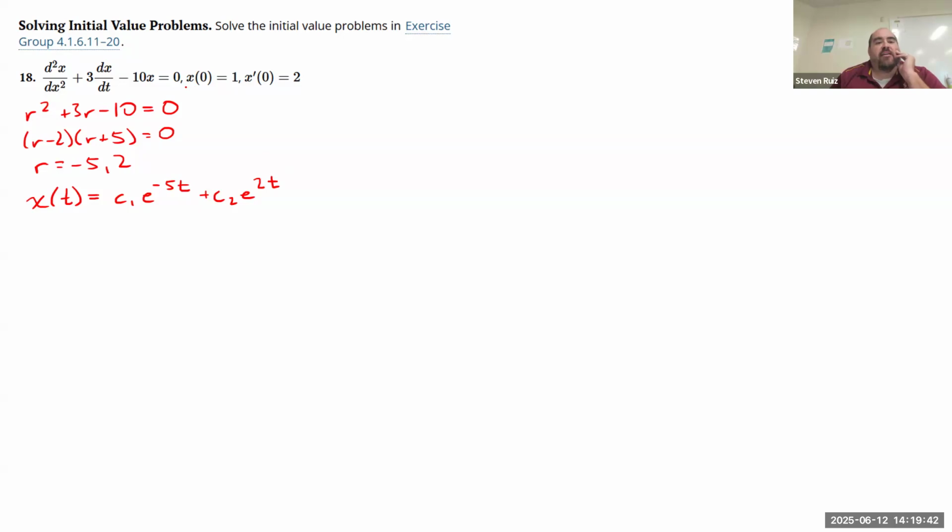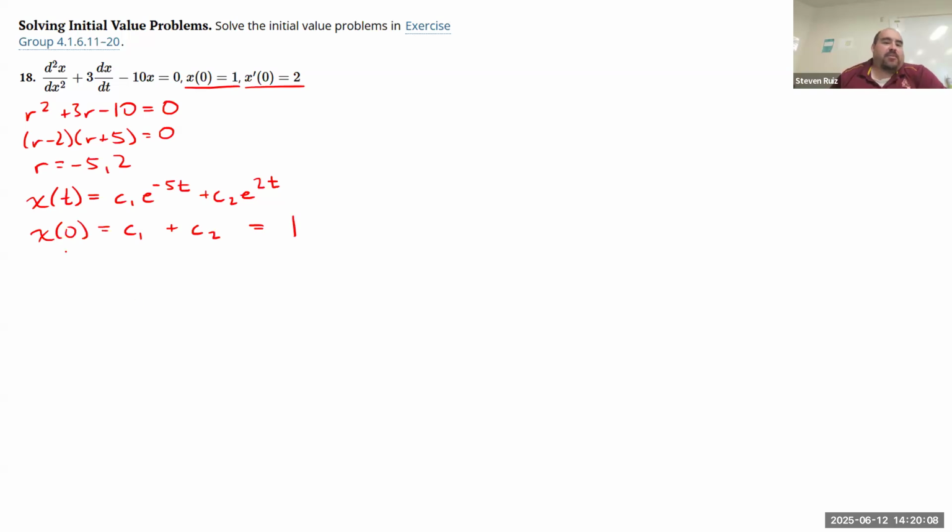So let's go ahead and plug in our initial values. We know what x of 0 is, and we know what x prime of 0 is. So x of 0 is just going to be c1 plus c2, because we plug in 0 for t, those exponential terms just become 1. So c1 plus c2 equals 1.